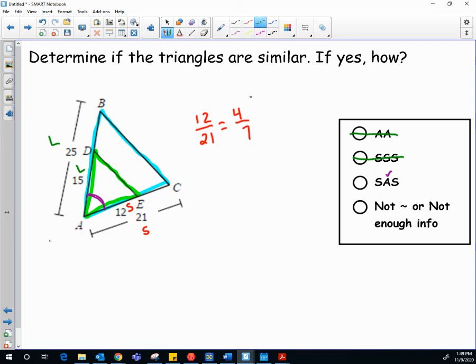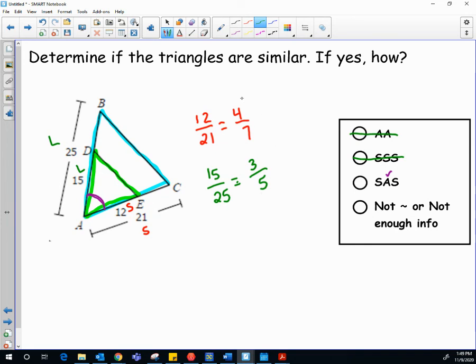Okay. Now let's do the green. So again, the green triangle over the blue one. So I'm going to do 15 over 25. And I'm going to simplify that. I can simplify this by 5. So this simplifies to 3/5.